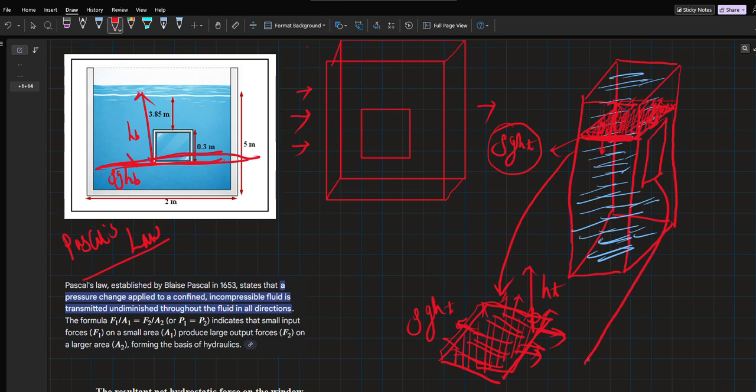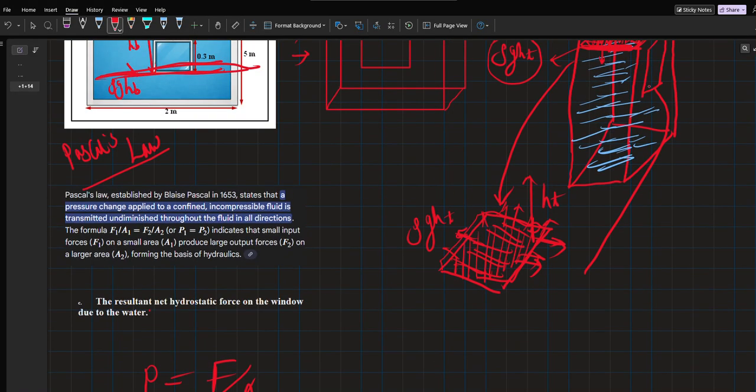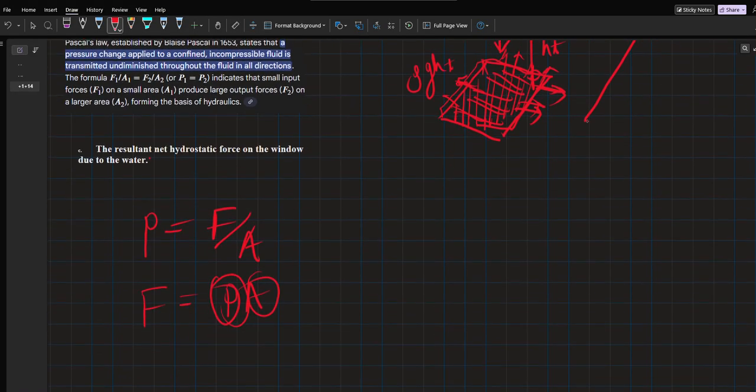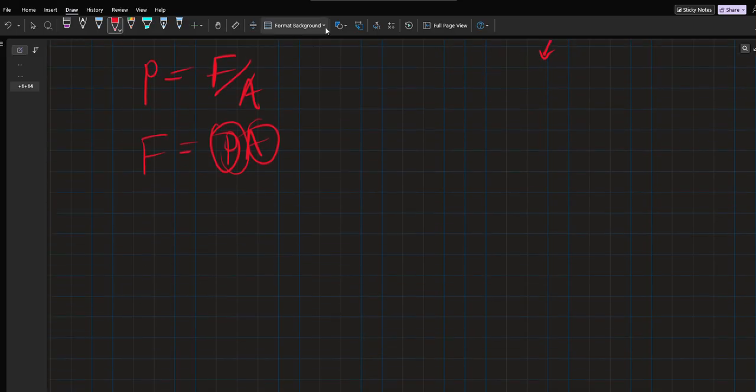Let me draw it properly. I'm just drawing this window, seeing the window from a side view. It will look something like this, right?